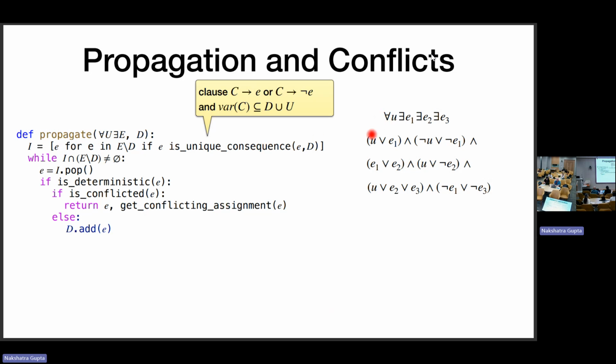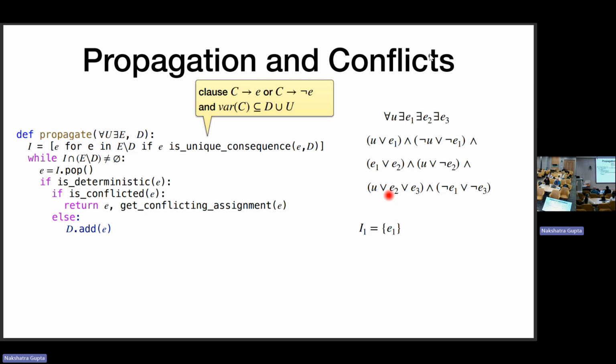In this first clause, E1 is contained, U is contained, and so E1 is a unique consequence because U we treat as universal, so E1 is the only existential variable here. Similarly for this clause, this is not the case for E2 or E1. And here, E2 would be a candidate. These two clauses don't give us candidates.